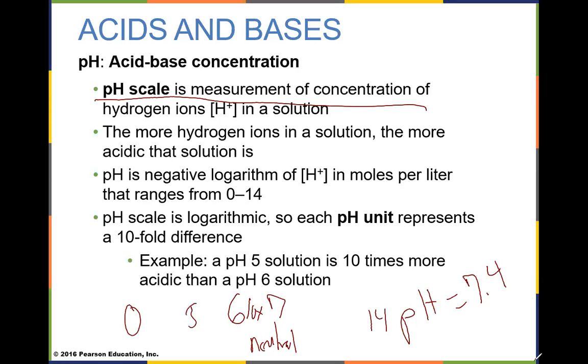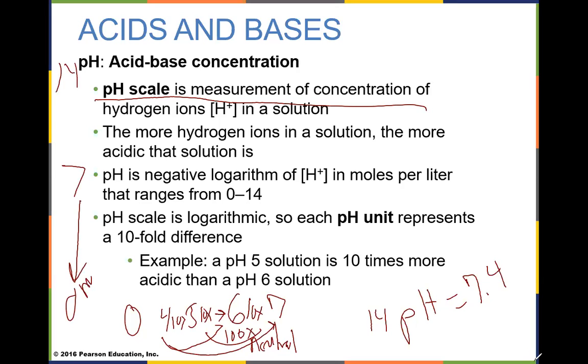A pH of 5 is 10 times more acidic than 6, but 100 times more acidic than 7. A pH of 4 is 10 times more than 5, 100 times more than 6, and 1,000 times more acidic than a pH of 7.